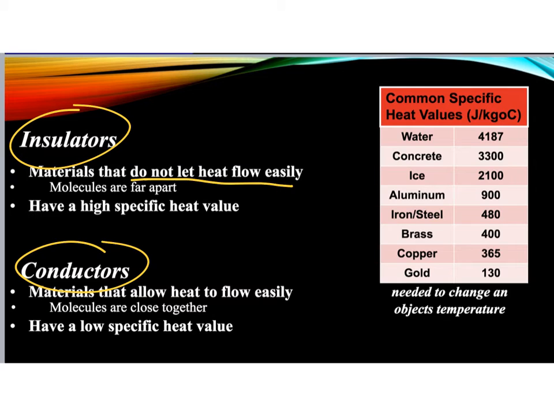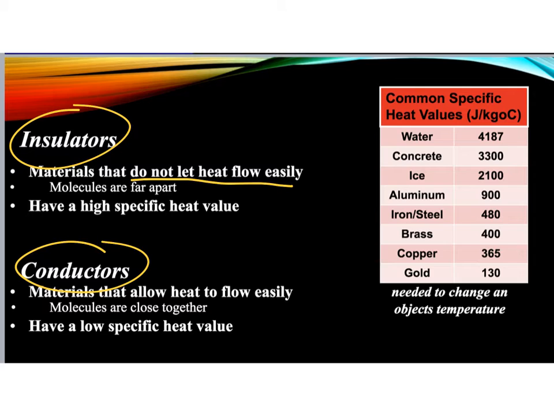Sometimes your ice chests will have a layer of styrofoam in them because styrofoam traps energy. It's going to keep cool drinks cool, and it's going to keep hot drinks hot, and it's not going to transfer the energy from inside to outside very easily. Eventually it will, just not as quickly as other materials.